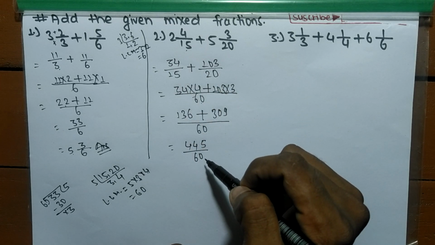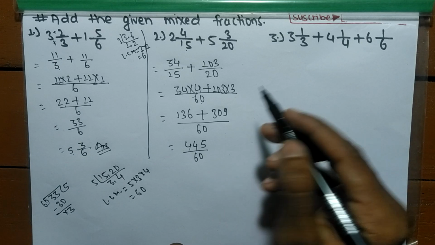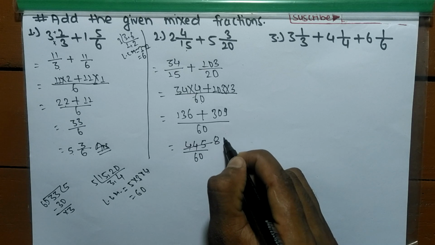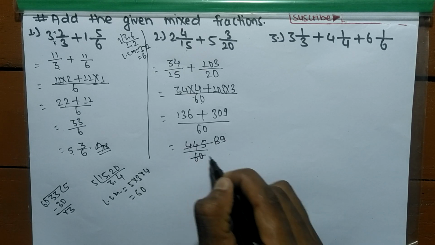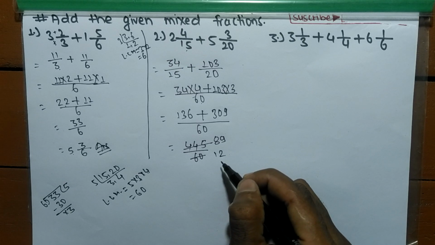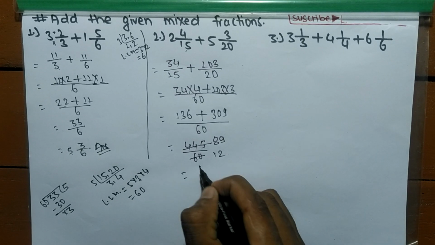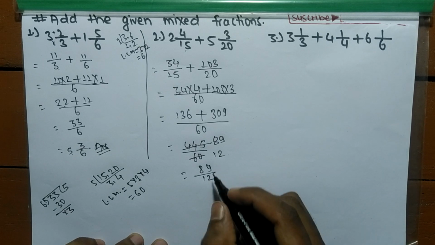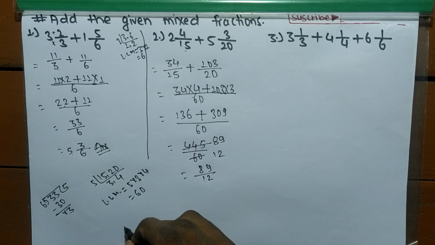So if we can cancel numbers, then we can cancel it. So it is 5 times 8 means 40, 5 times 9 means 45, like as 5 times 12 means it is 60. So now we got here 89 by 12. So now we have to convert it into a mixed fraction.